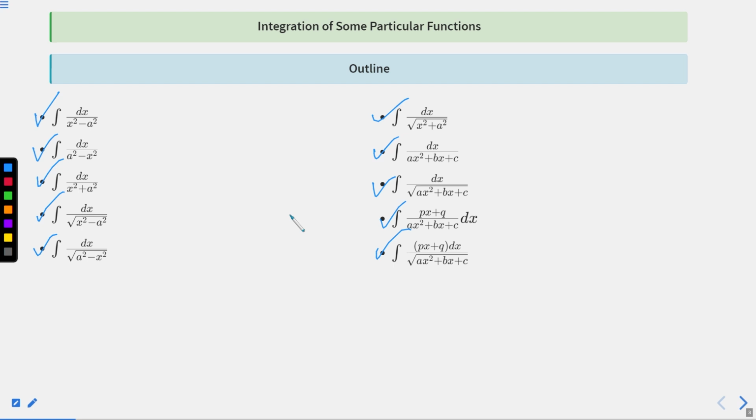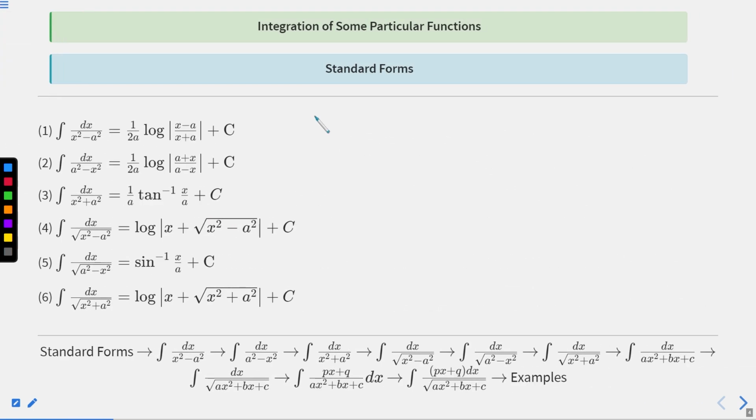Let us move next and see what your answer will be in such cases. Integration of dx by x square minus a square will be 1 by 2a log modulus of x minus a divided by x plus a, plus some constant c.